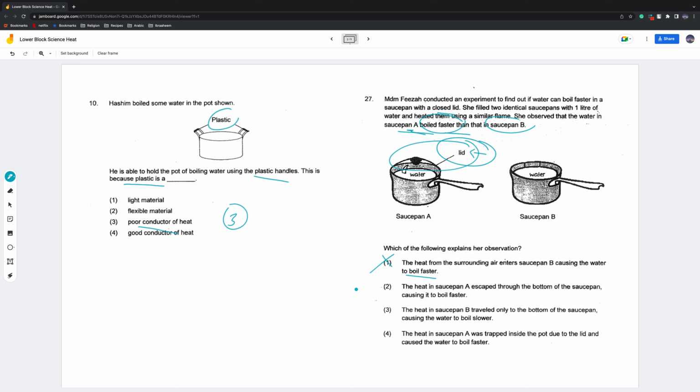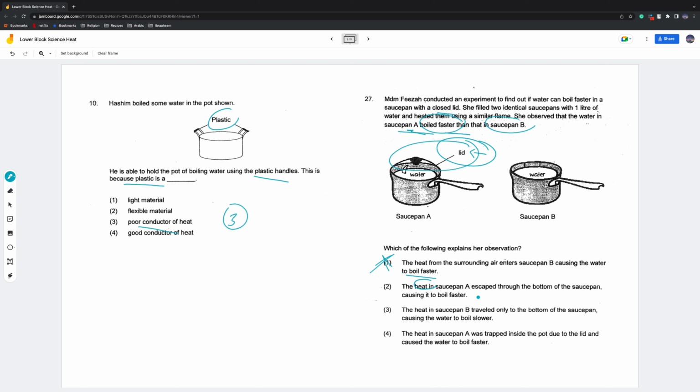So when you see this kind of question, you have to be happy because they don't give you the answer, but they tell you which one is not the answer. This is a strategy: eliminating the wrong choices. Option 2: the heat in saucepan A escaped through the bottom of the saucepan, causing it to boil faster.